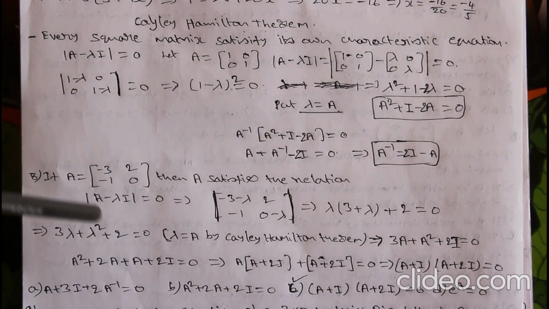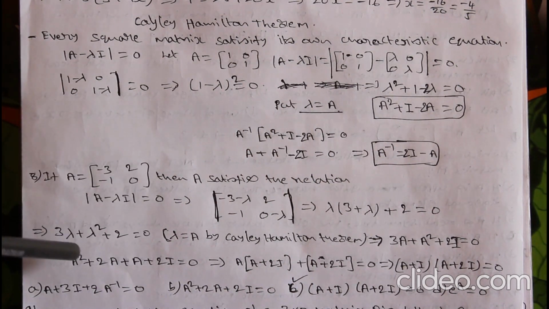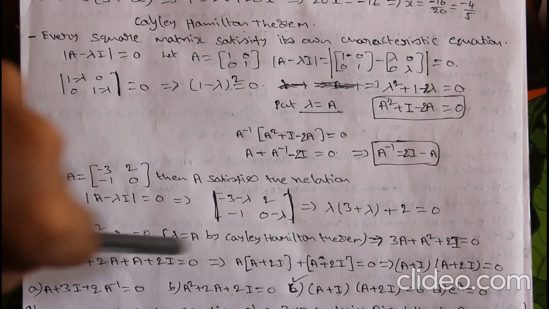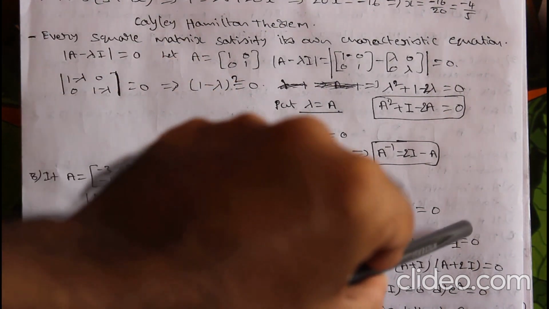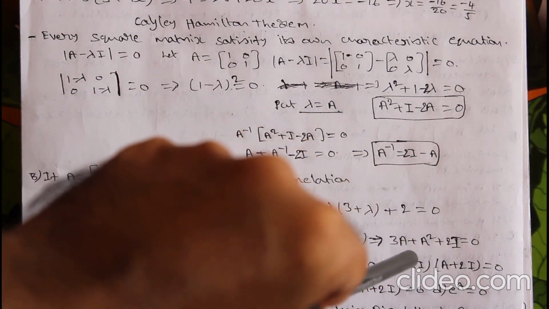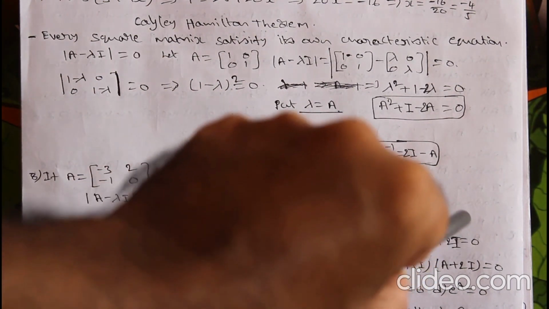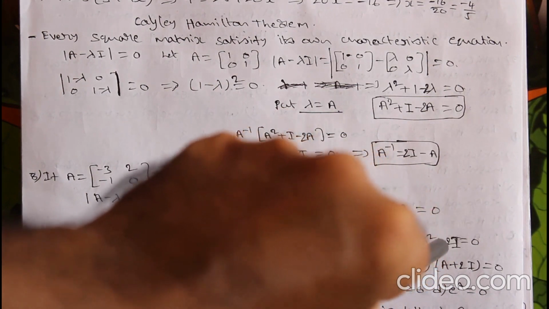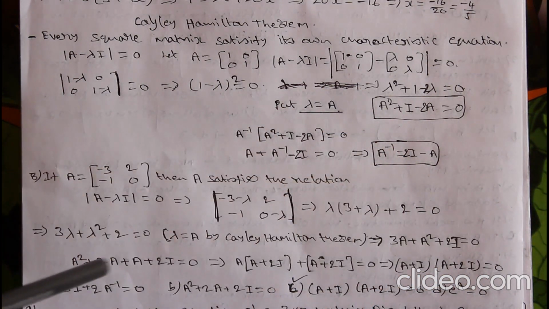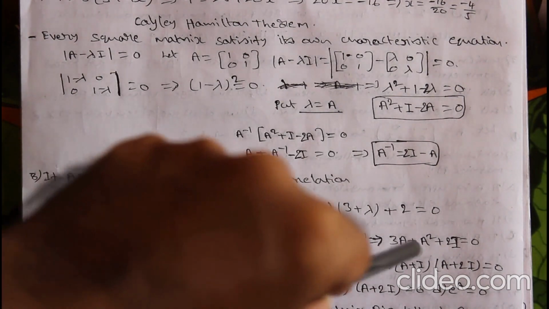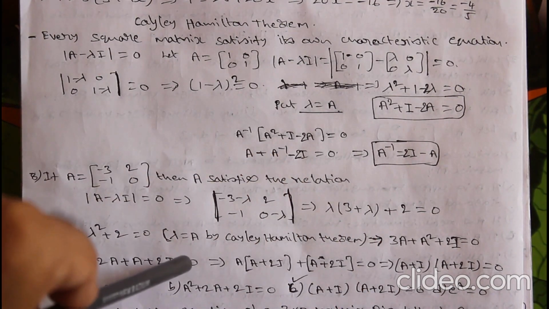Now from Cayley-Hamilton theorem, replace lambda with A. So A square plus 3A plus 2 into the unit matrix, because we are writing this in matrix form, so the constant must be multiplied with the unit matrix: 2I is equal to 0. To simplify, write 3A as 2A plus A: A square plus 2A plus A plus 2I is equal to 0.